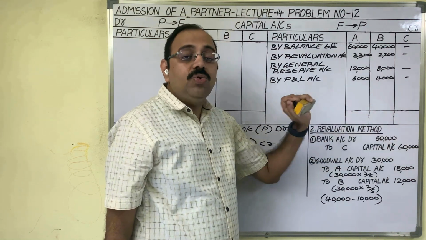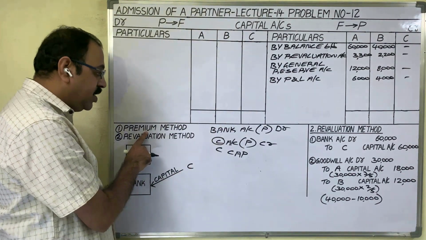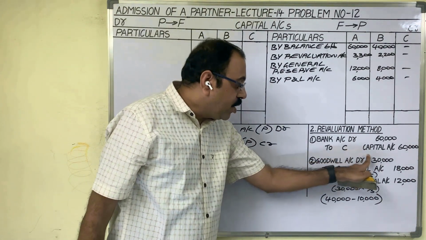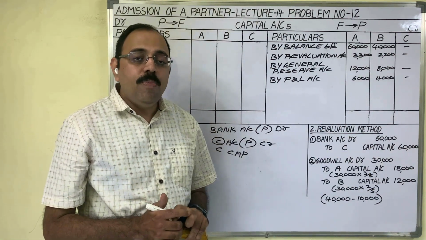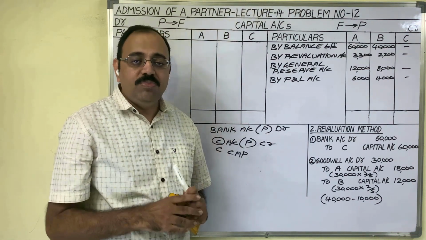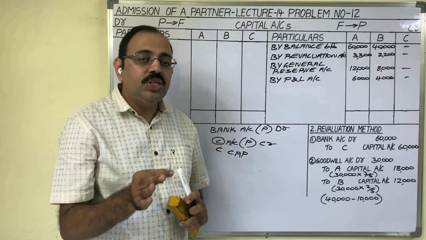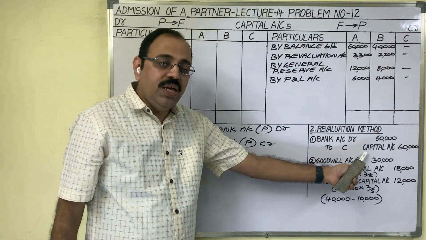If we adjust the goodwill under premium method, we used to credit goodwill account also, because under premium method, the new partner brings capital and goodwill both. Under revaluation method, as the new partner is not bringing goodwill in cash, we should not write goodwill here.